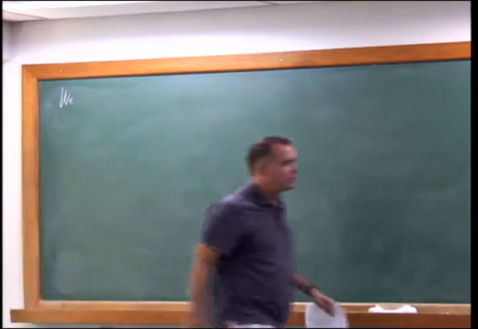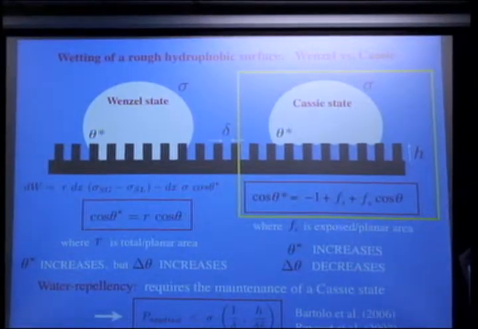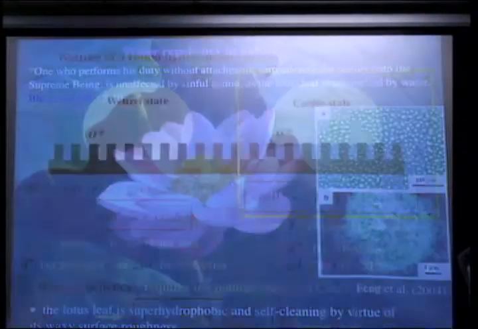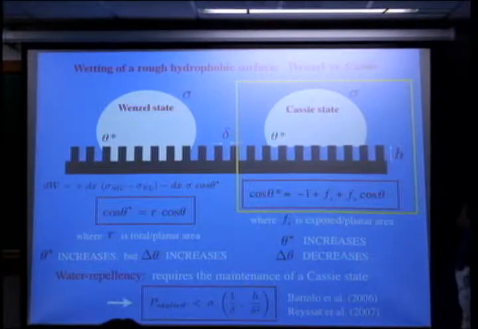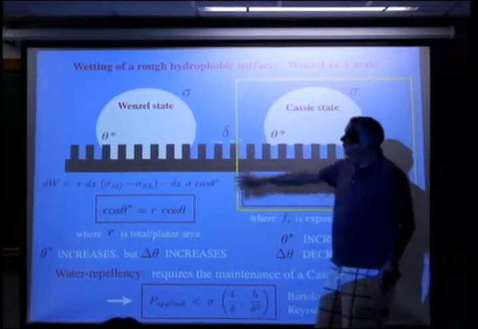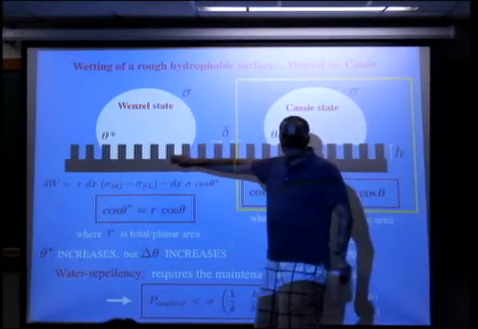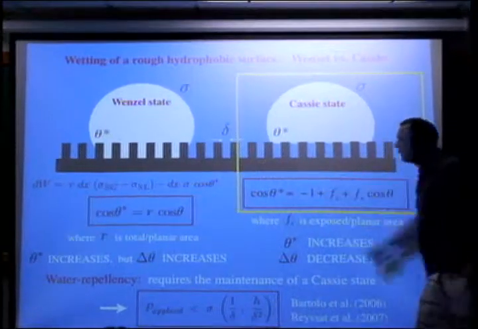One thing I can perhaps mention, so we're coming up on this slide now. We're going to see that there are two different states according to whether the fluid penetrates the solid or not.